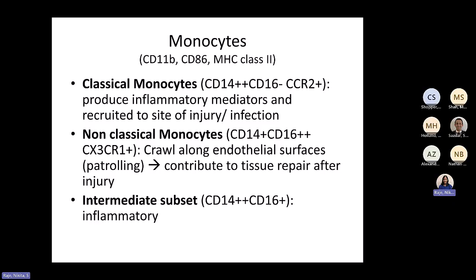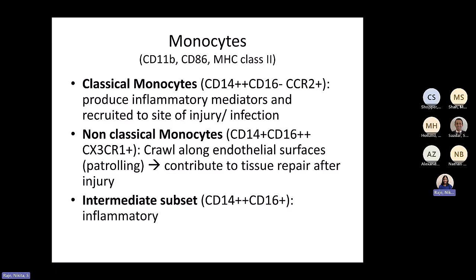Classical monocytes are strongly positive for CD14 and negative for CD16 and CCR2 positive, versus non-classical monocytes, which are CD14 positive, strongly positive for CD16, and have the CX3CR1 chemokine receptor on their surface. There is also an intermediate subset which has markers between these two classes.